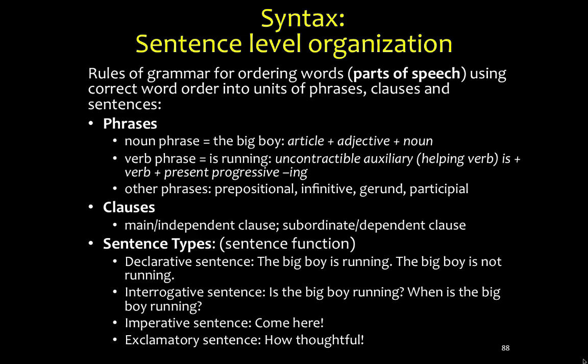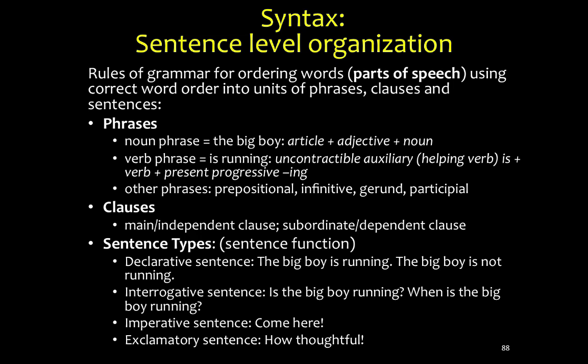And sentences are classified according to either the sentence type or the sentence structure. So sentence type basically refers to the function that the sentence serves, and this includes a declarative function, interrogative, imperative, and exclamatory functions. So a declarative sentence states a fact or makes an assertion, including a negation.